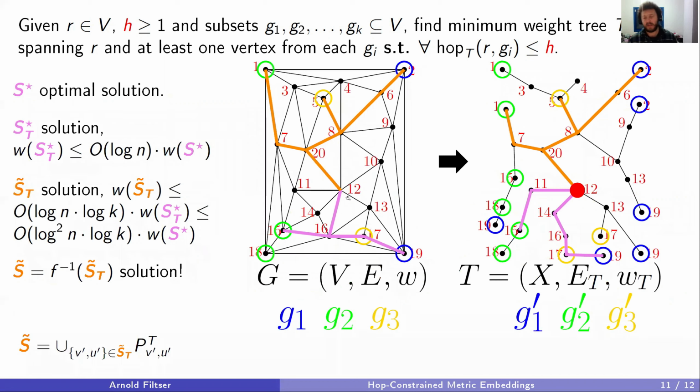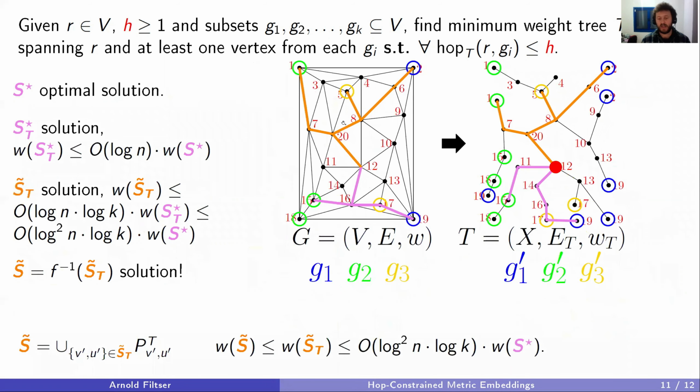And the final step is to pull the solution back to the graph G. And we do that by simply taking the union of all the associated paths of all the edges in the solution S tilde T. Okay, and this is the final solution. Now note that the weight of S tilde is at most log square n log k times the optimal solution.